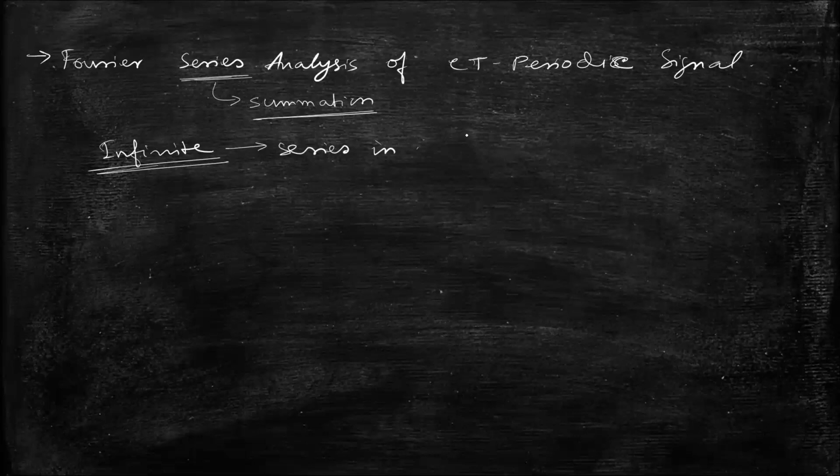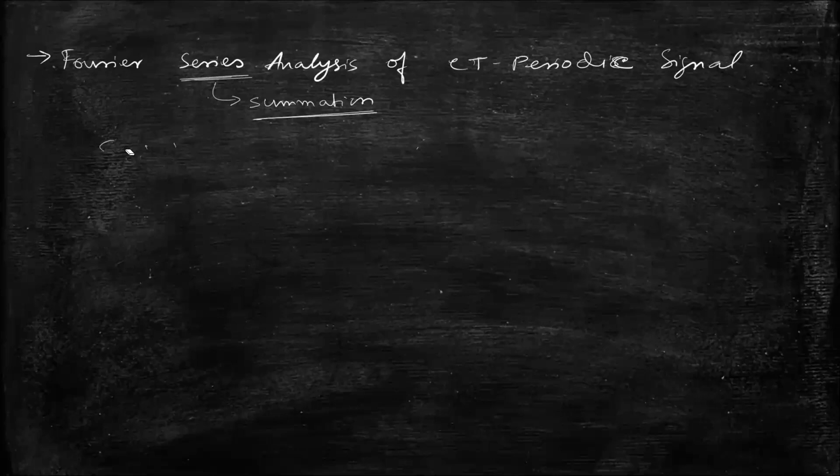So it is an infinite series in which the terms of the infinite series, I will write from the very beginning so that you understand. So Fourier series, I will use the abbreviation Fs.